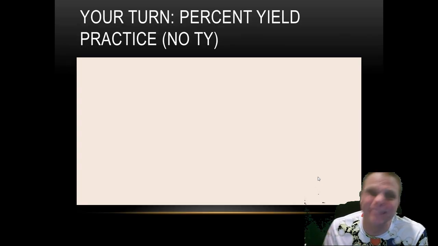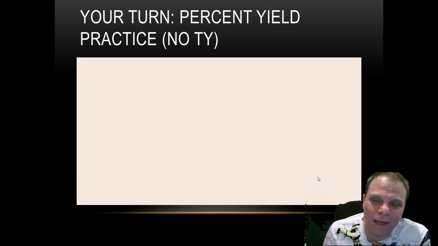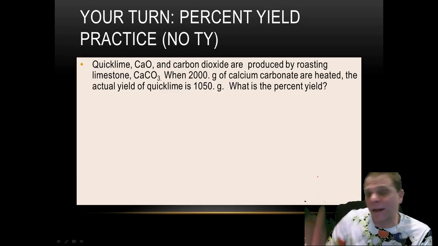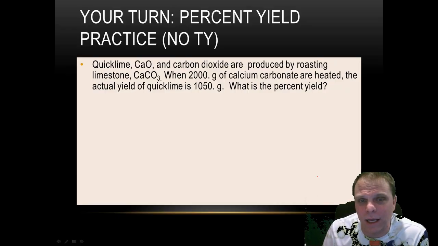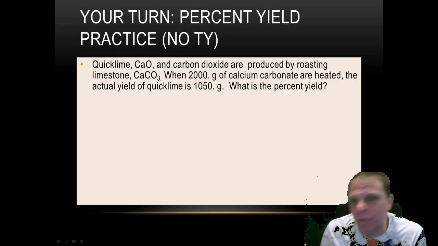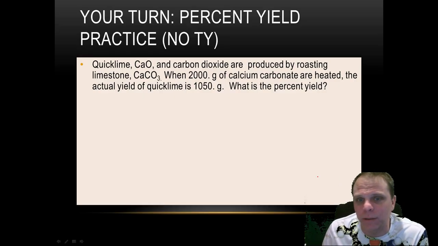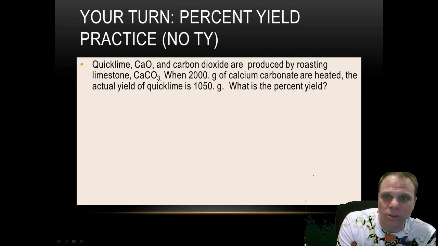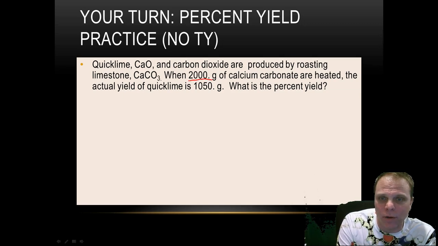All right, your turn. Again, the theoretical yield is not given. Quicklime, calcium oxide, and carbon dioxide are produced by roasting limestone, calcium carbonate. When 2,000 grams of calcium carbonate are heated, the actual yield of quicklime is 1,050 grams. Now, do not get confused. This is not your theoretical yield.